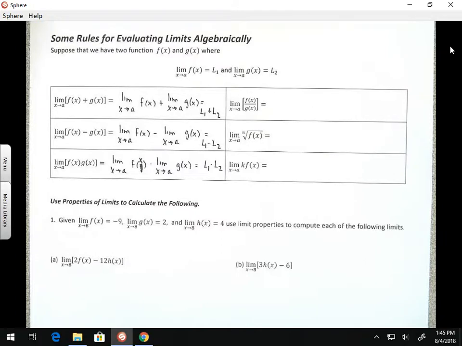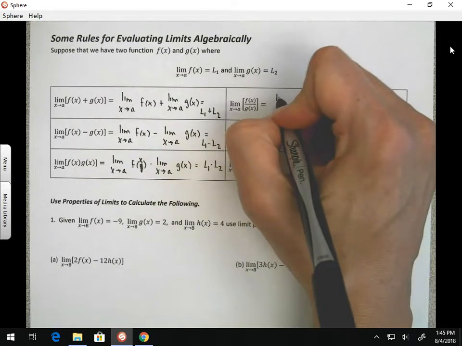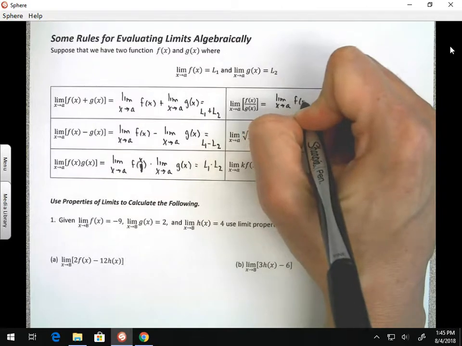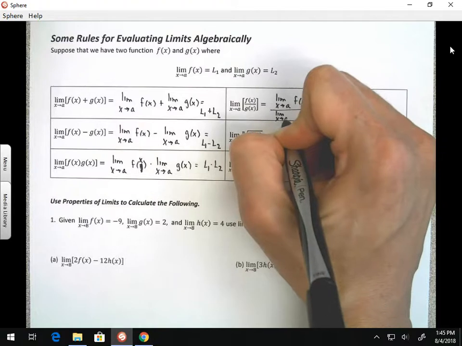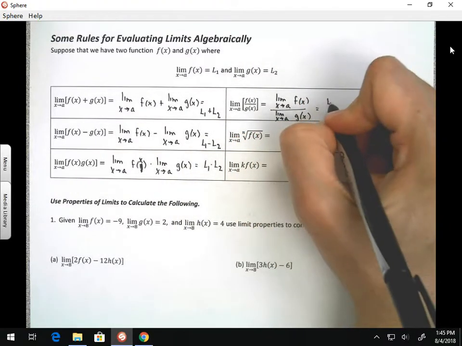Now we have quotients. The limit of a quotient is the quotient of the limits, f of x over g of x, which is just L1 over L2. And of course, that's as long as L2 is not equal to 0.